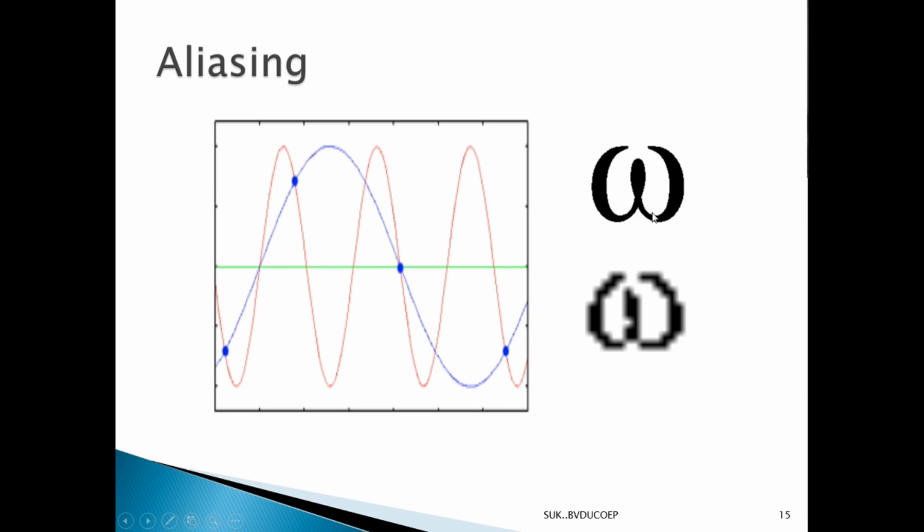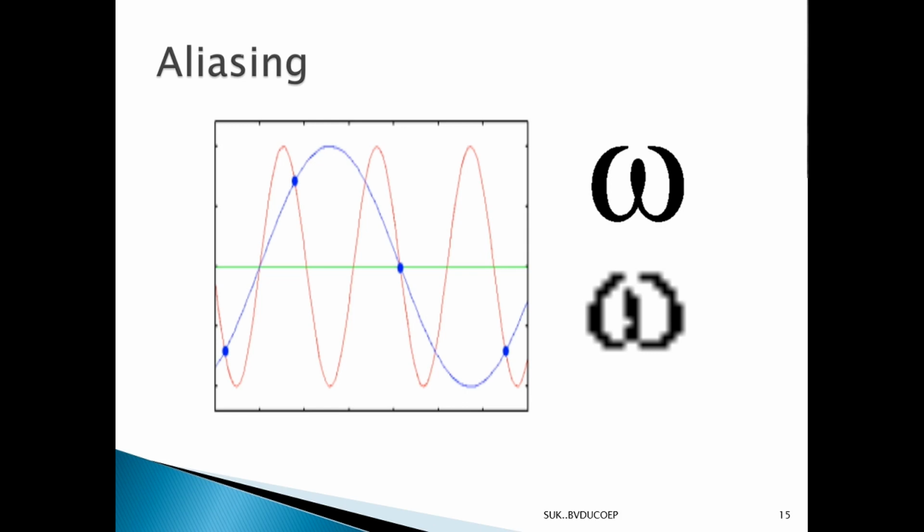Or in image processing, this is the image I have to process, and if I do not have the number of pixels correctly, I will see it in this fashion. A blurred image I will see. So have you understood the effect of aliasing? Aliasing means a low frequency will be seen, the actual frequency is not seen, and the correct instant is not observed.